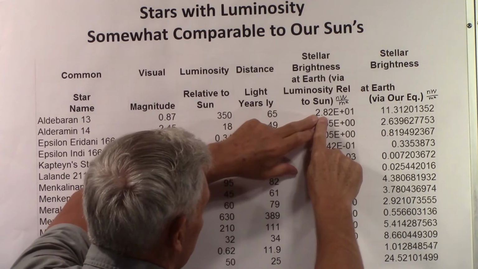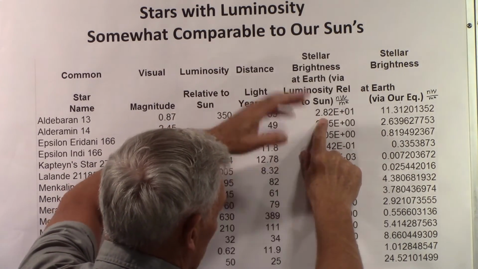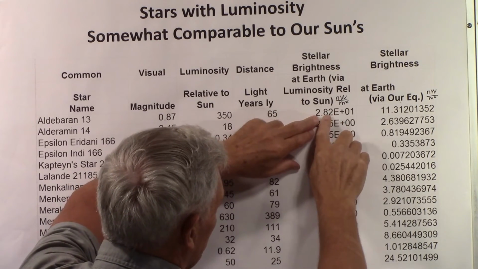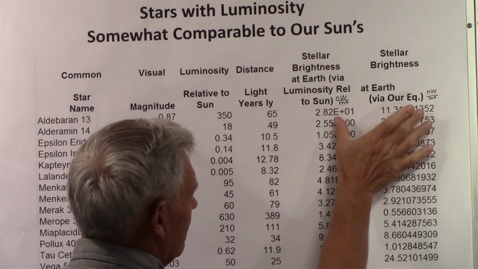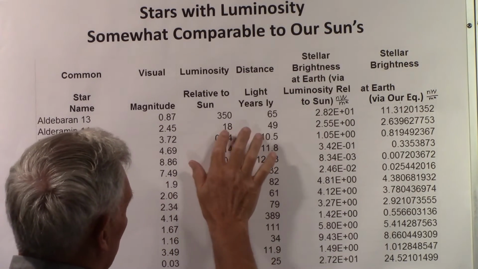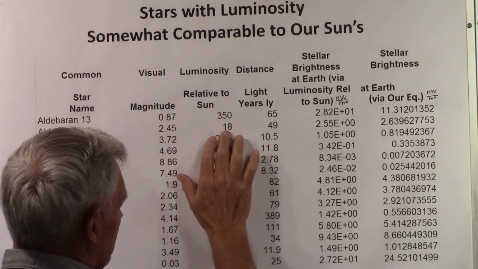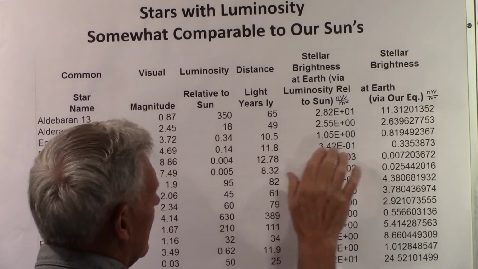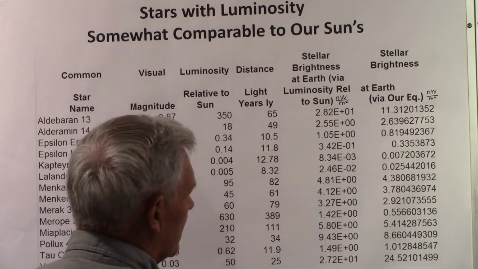This is the nanowatts per meter squared using that luminosity and R-squared loss. And so we have roughly 28 here and 11 here. The agreement's not too good, but down here now we have a luminosity of 18 times that of the sun. And we have 2.55 here, and we have 2.63 here.